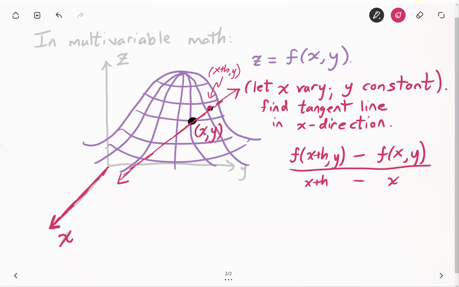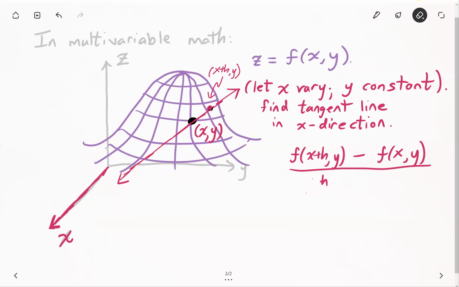And that's like a slope formula. In this case, we're calculating the difference in z over x. So this is how fast the height of the surface is changing as x changes. And normally what happens is we have a positive x and a negative x, so we cancel out all the things that we can.